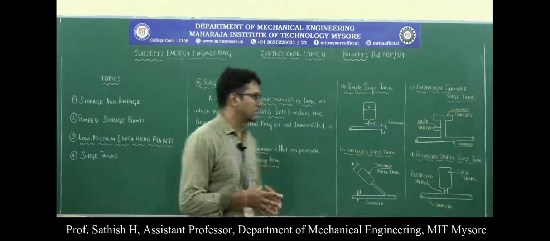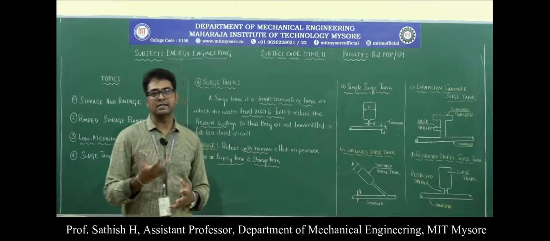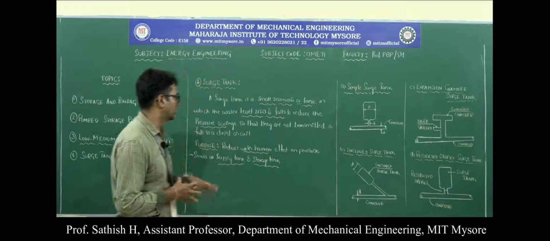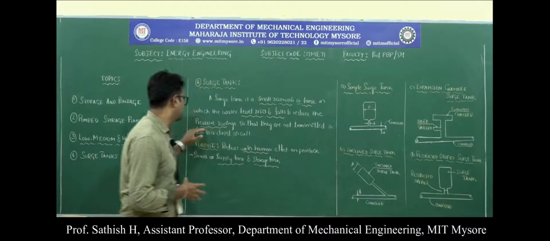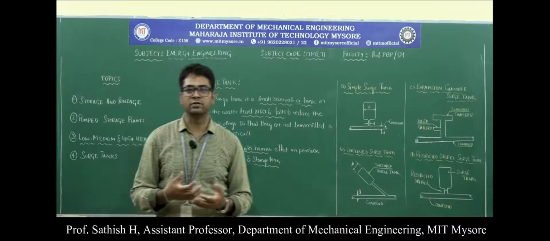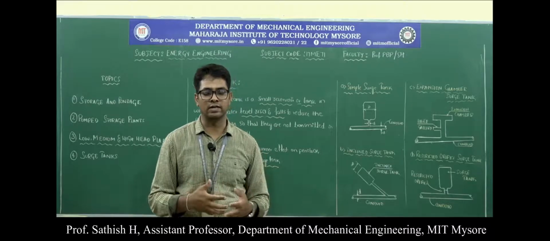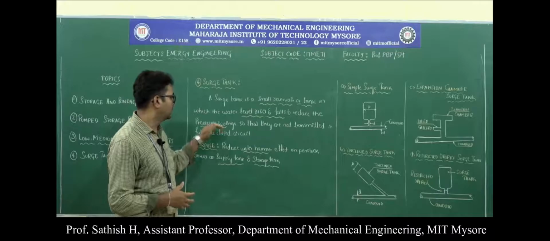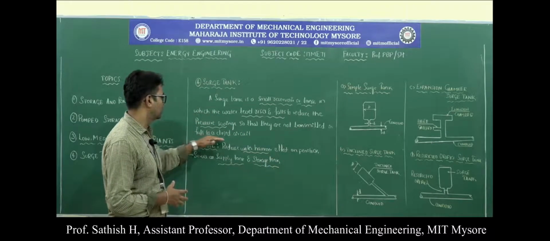By definition, a surge tank is a small reservoir or tank. It acts as a small reservoir and can store a smaller quantity of water, in which the water level rises or falls to reduce the pressure swings. The water can rise as well as fall inside the surge tank, so that the pressure swings are not transmitted in full to the closed circuit.